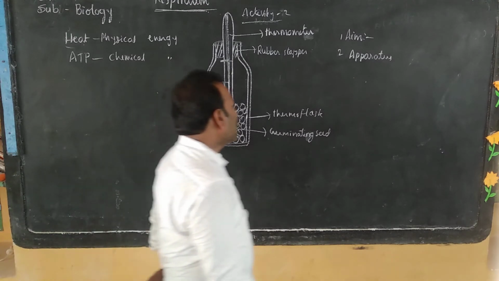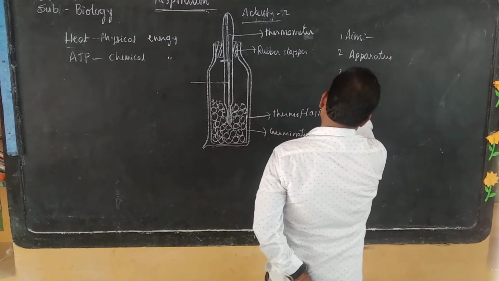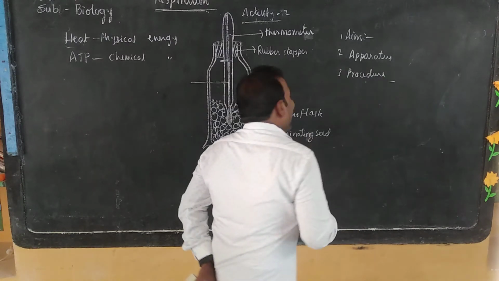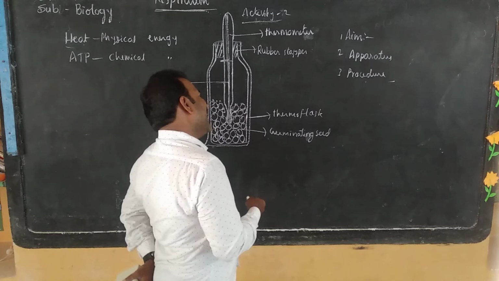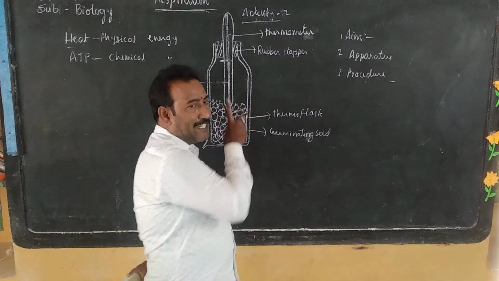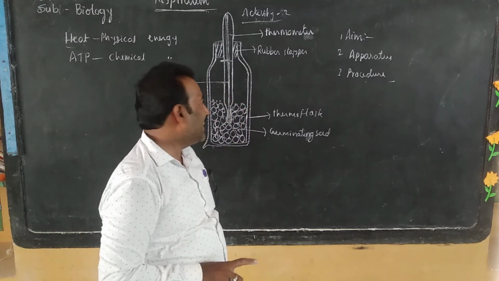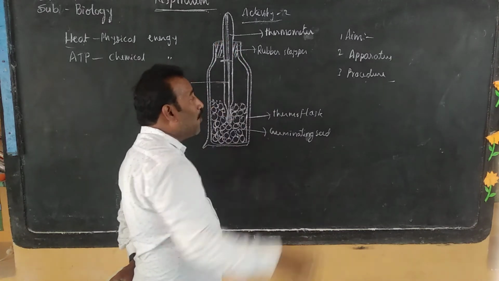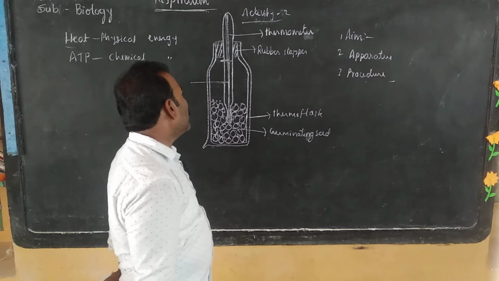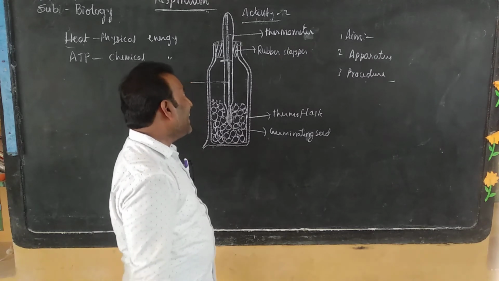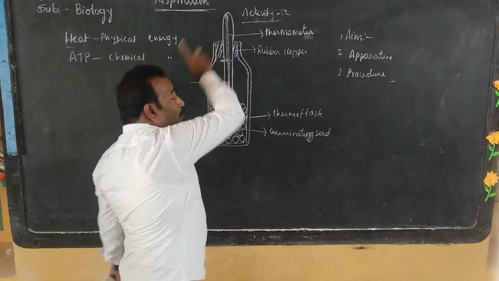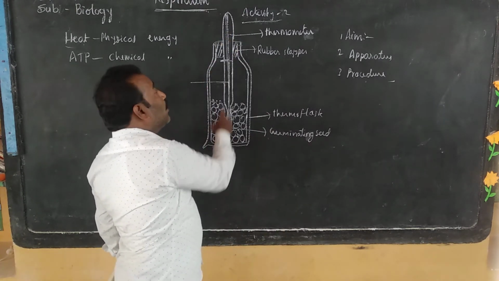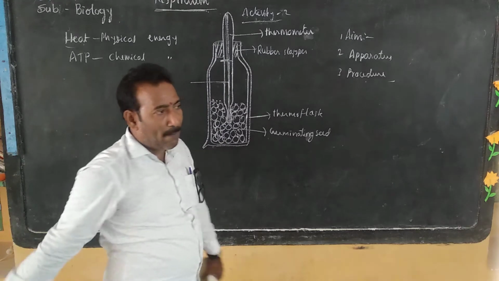Next, the procedure. What is the procedure? Take one thermoflask, keep a few germinating seeds into the thermoflask. Then fix the single hole rubber stopper to the mouth of this thermoflask. Then insert the thermometer into the thermoflask through the hole of this rubber stopper.